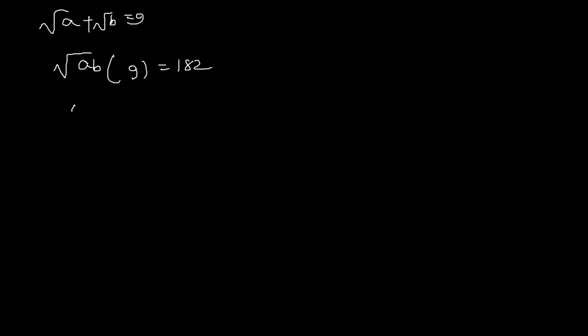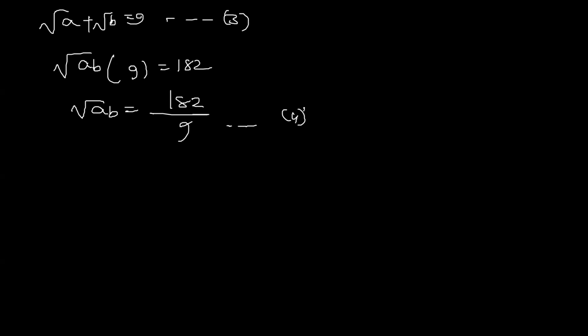So from here you can get √(ab) is equal to 182 by 9. Let us consider this as equation 3, and this as equation 4. Yeah, 182 by 9.